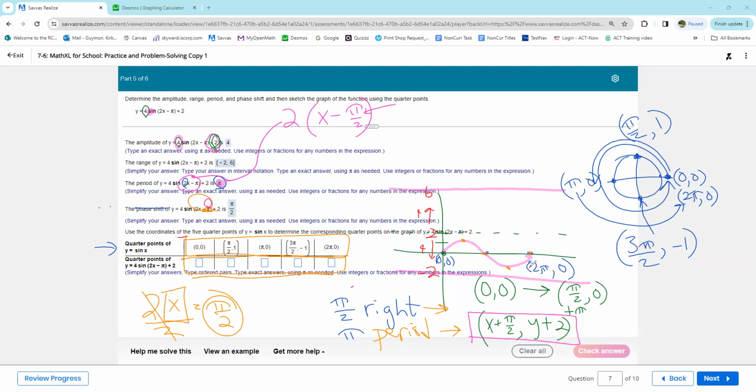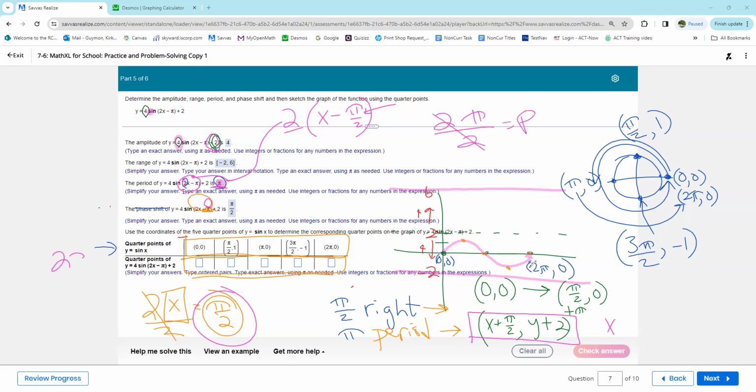And then to get to the next cycle of the graph, we're going to add on the period onto the x. Because our new period was this pi over 2, right? The new period, or no, the new period I think was pi. New period was pi when we took 2 pi, the regular period, and divided by this coefficient of the x, 2.